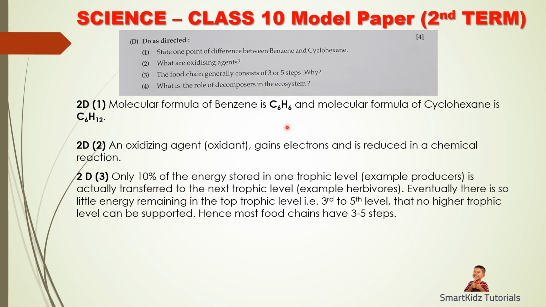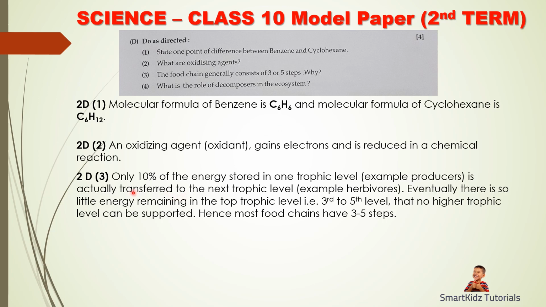As a result, it's not possible to have more than 5 steps. Usually 3 steps is what is final, 3 or 4 steps. Beyond that, the energy level is not enough for consumption.